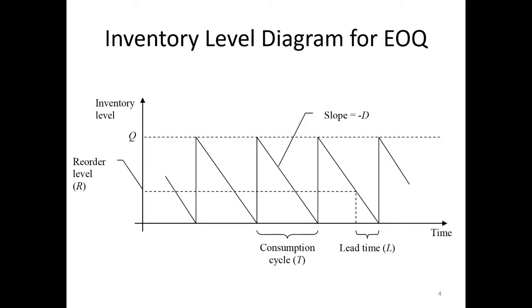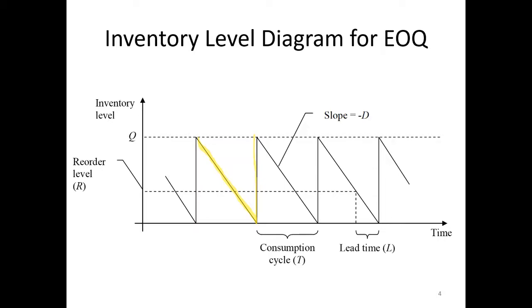Here, the inventory level diagram, as you can see, is simply straight lines that represent the withdrawal of items from inventory, the inclined lines, and we have upward lines that represent the replenishment of the ordered quantity, and this continues forever.